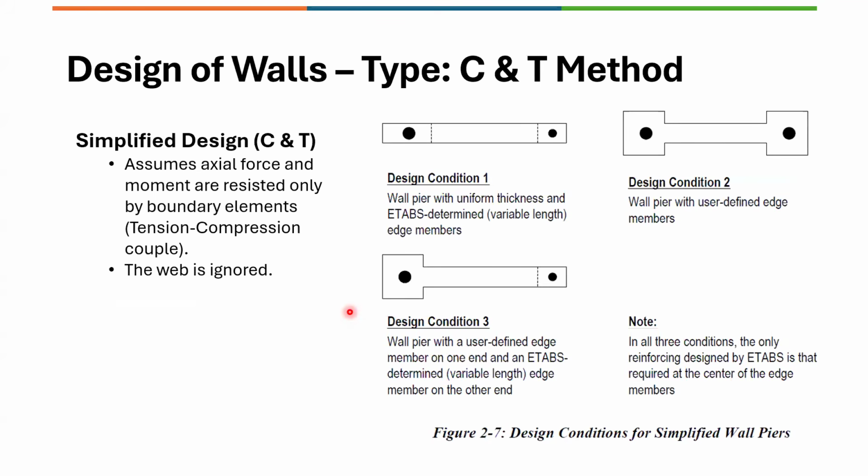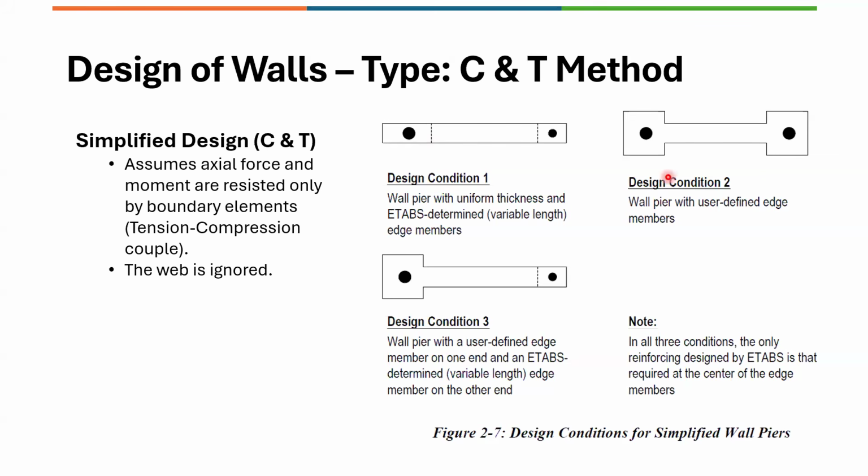Within the C and T method, we have three conditions that can be satisfied. You can leave it completely to the program. The program will increment the edge member length automatically till it is satisfied.